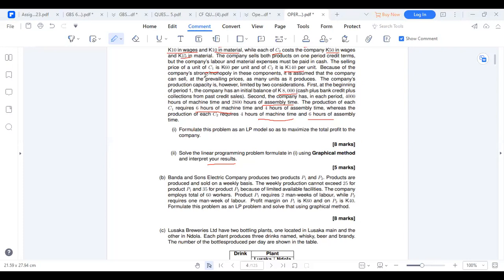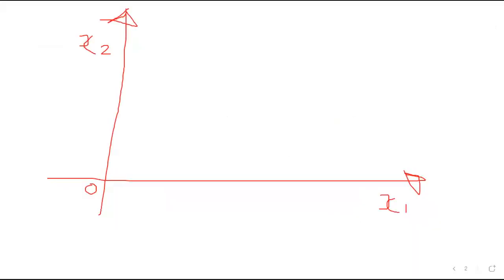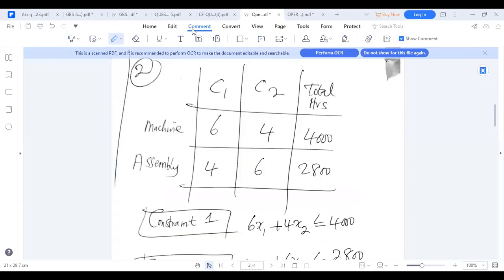In this table, we have 6 hours of machine time for C1 and assembly is 4 hours. For C2, 4 hours of machine time and 6 of assembly. The total machine time we have is 4,000 hours, and for assembly time it is 2,800. These are the number of hours that we have.